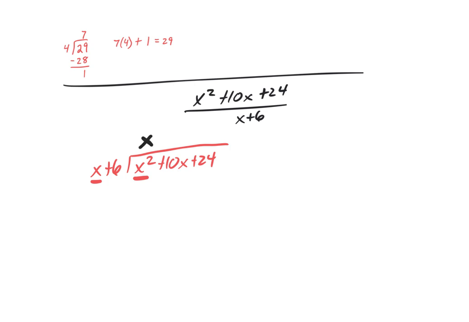So I'm going to put that up here, starting with x. I'm going to take the variable I got and multiply it by both of these, like I did with the 7. I took 7 times 4 to get 28, right? So I'm going to take x, but I have to distribute it to both of those terms. x times x is x squared, and then x times 6 is 6x.